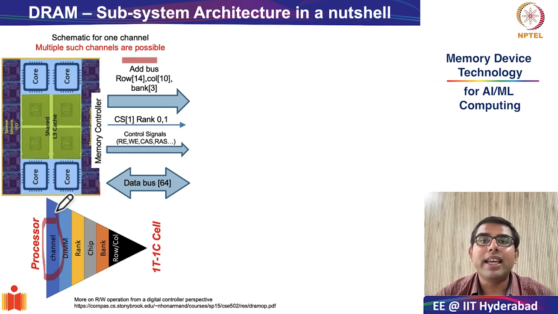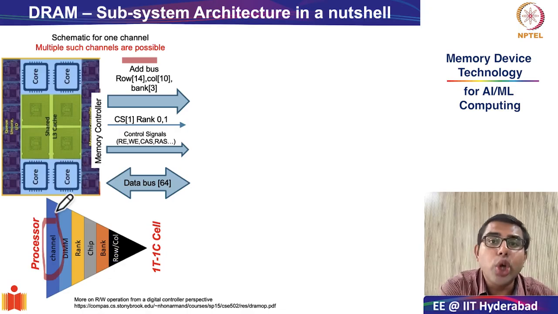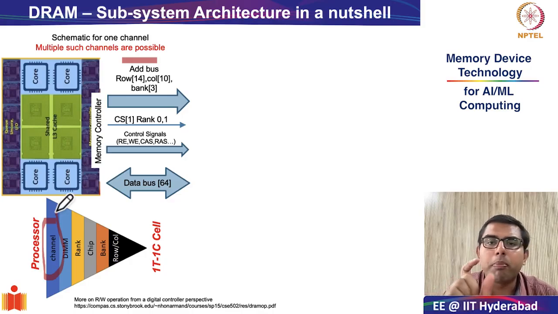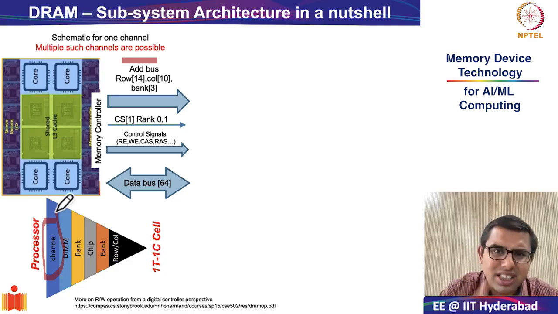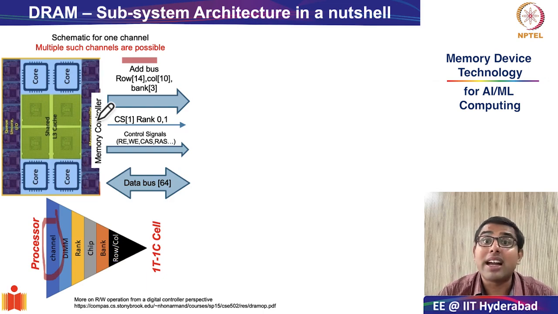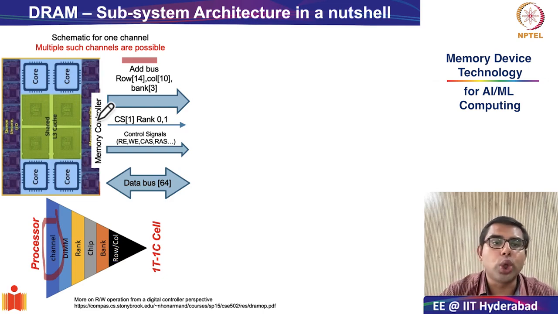Channels are like lanes in a highway, independent lanes that the processor subsystem can use to access data from the main memory. I have drawn the signals corresponding to one channel, but there can be a multiplication of these signals and therefore of these channels. Multiple channels give more parallelism, which is definitely possible and desirable, especially for high throughput requirements.